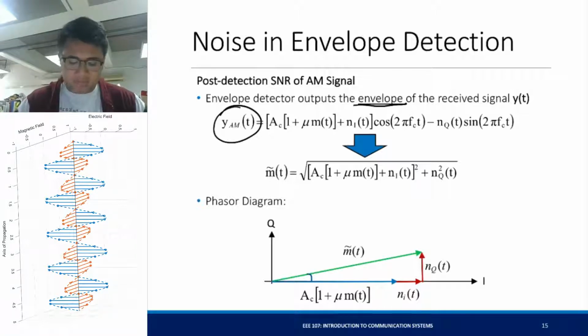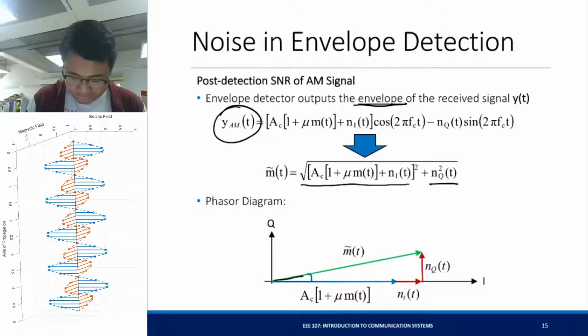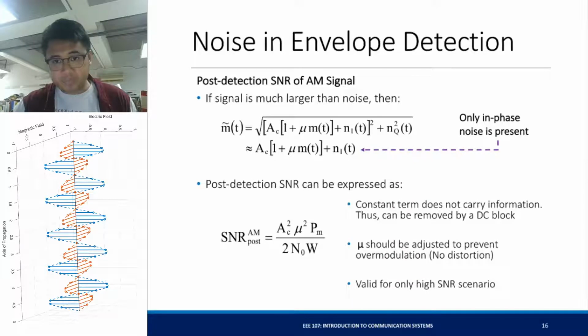And to get the magnitude of your complex signal, you have to get the square root of the sum of the squares of the in-phase and the quadrature component. You're actually getting the magnitude m of t. So this is the recovered message. The goal is we want to recover this one, but because of noise, after the envelope detector, we get this expression.